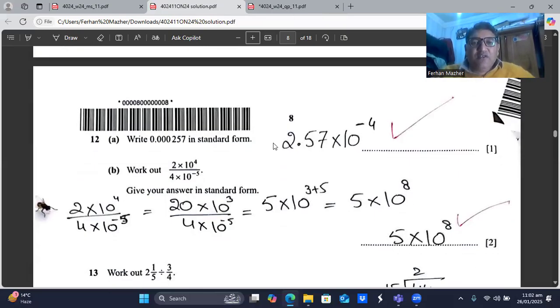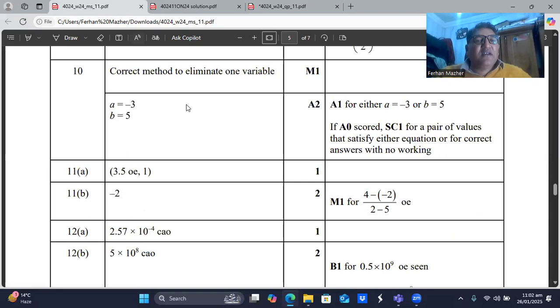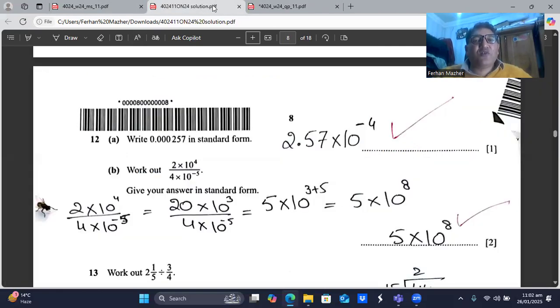In the standard form, this number should be more than 1 and less than 10. So this is 2.57. I cannot bring the decimal here because then it will become 25. This number must be more than 1 and less than 10.